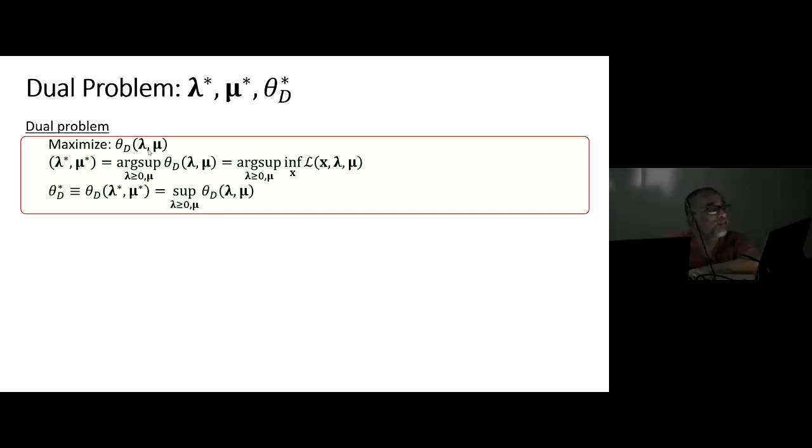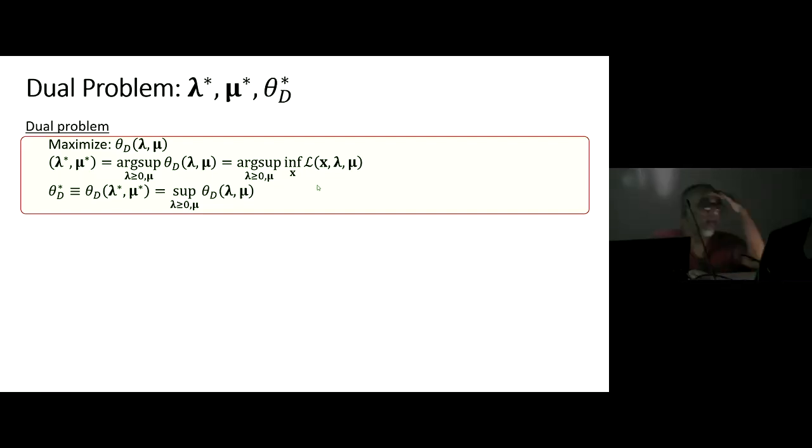Maximize theta_d with respect to lambda and mu. These are the dual variables. So lambda star, mu star equals arg sup of theta_d(lambda, mu), and again, lambda has to be greater than or equal to 0, remember. And theta_d(lambda, mu) is the infimum of the Lagrangian.